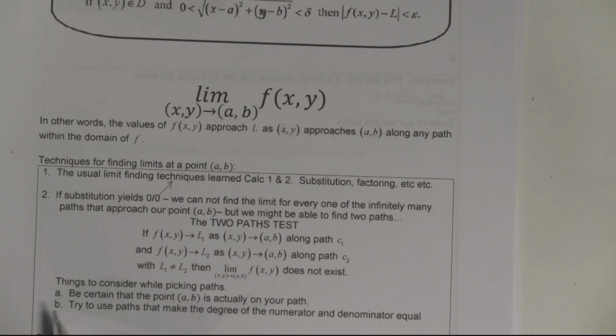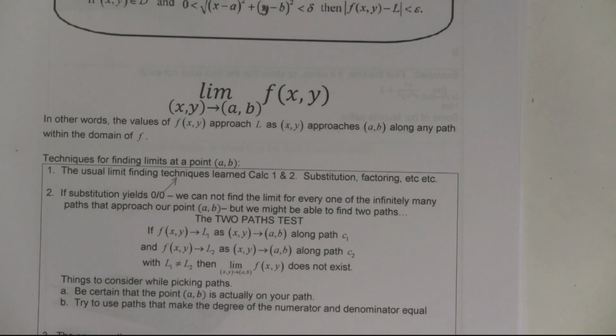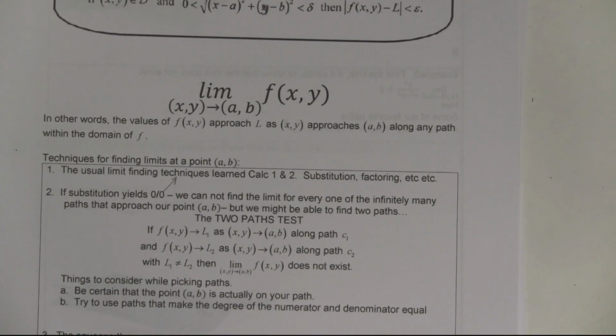But okay, so things to consider when picking paths. And we're going to practice this, don't worry. When you start picking paths is when you are starting to think that maybe the limit doesn't exist, or you're not sure exactly how to go. Then you can pick a few paths, and if you're getting all the same, then you know, well, maybe the limit does exist. Let me see if I can prove it. So be certain that the point (a, b) is actually on your path.